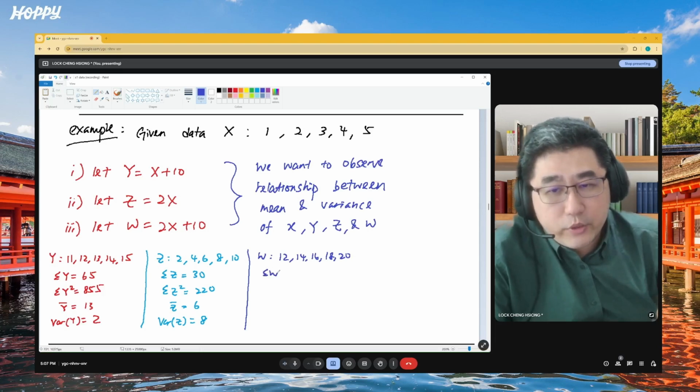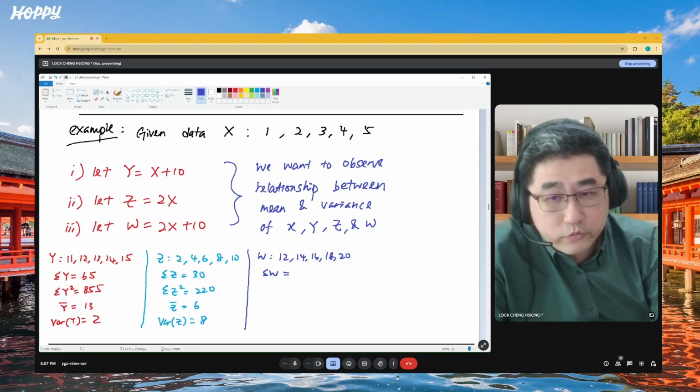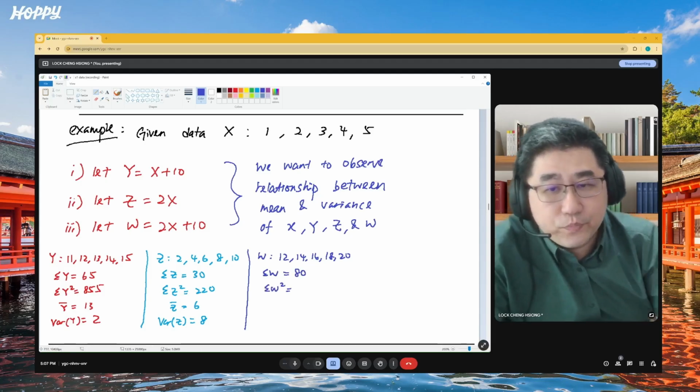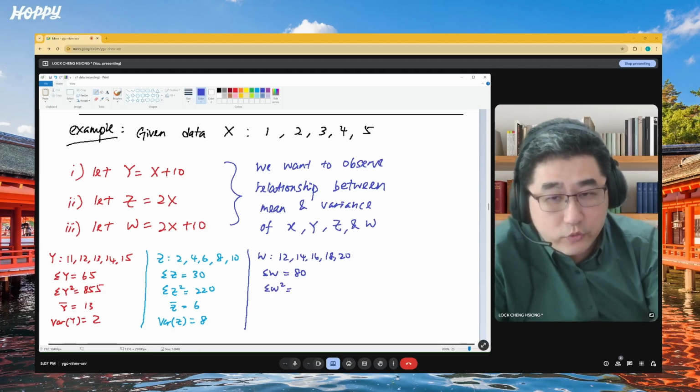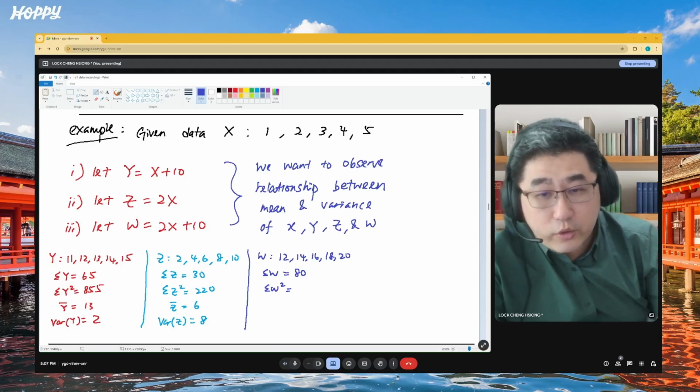Then sum of w, I sum them up: 12 plus 14 plus 16 plus 18 plus 20, I have the value 80. Then sum of w square: 12 square plus 14 square plus 16 square plus 18 square plus 20 square.